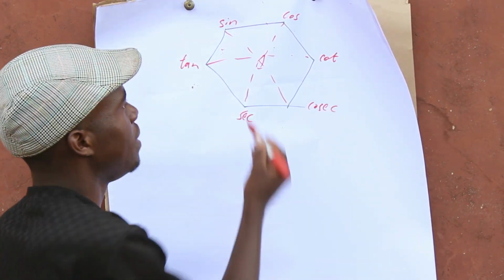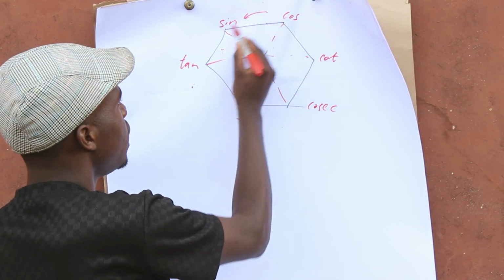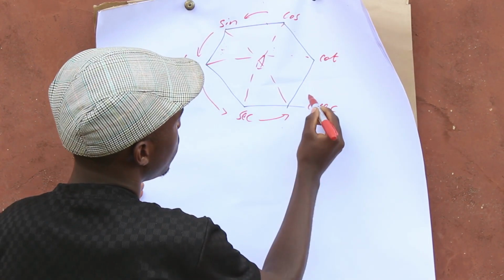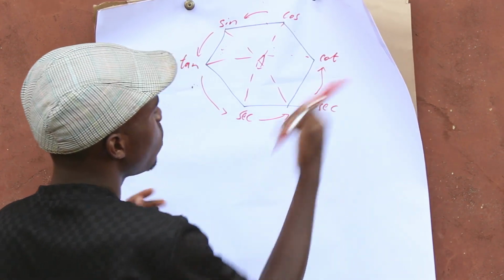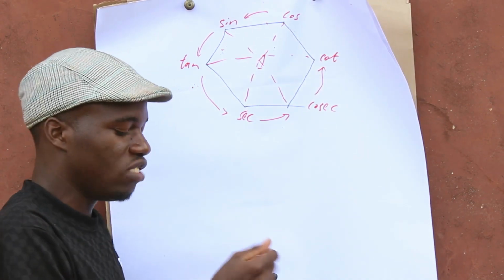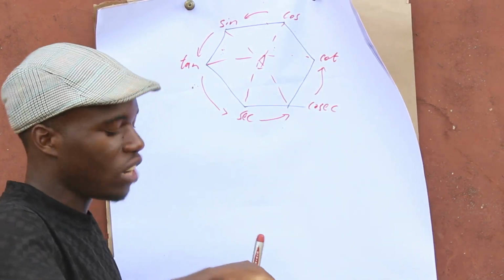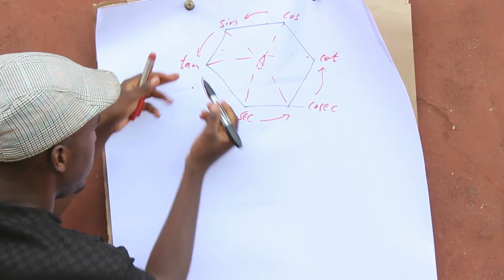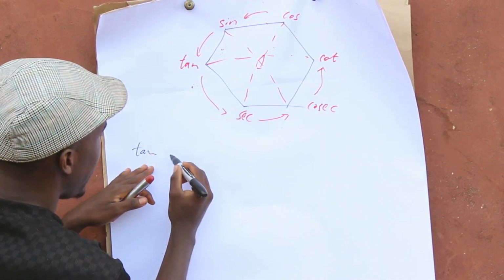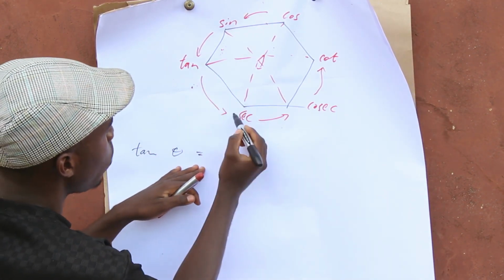What if you make a mistake and go in the anti-clockwise direction? This is the anti-clockwise direction. Well, this super hexagon does not trick you. You still get the correct functions. You can start with tan theta is equal to, which one follows tan theta?